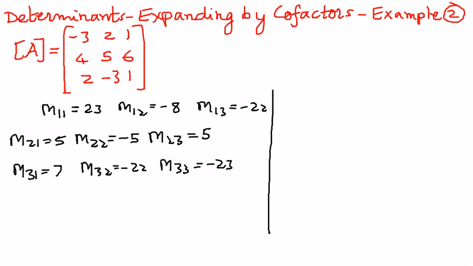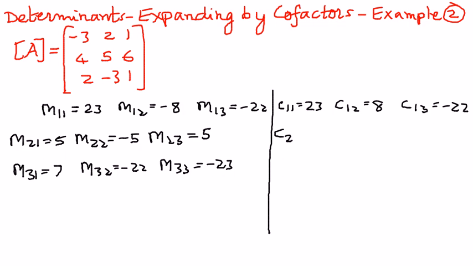Those are the minors. And the cofactors we found were as follows. C11 was 23, then C12 was 8, and then C13 was equal to -22.